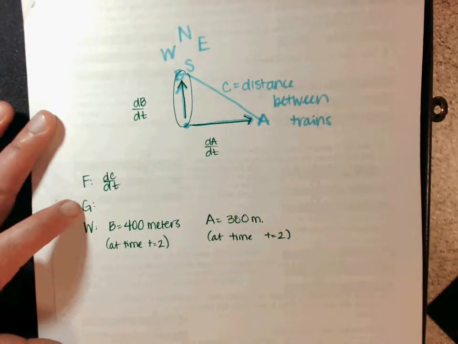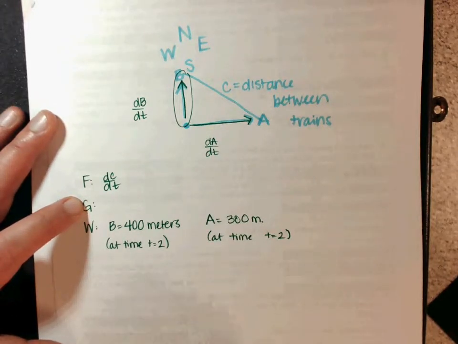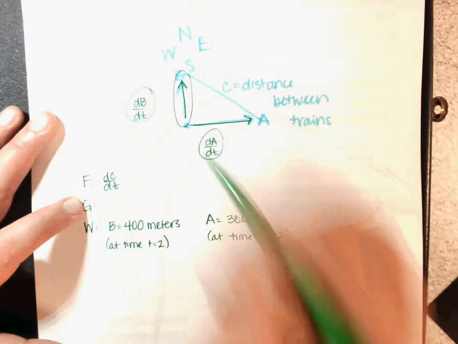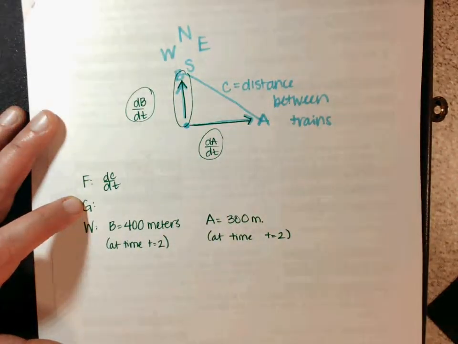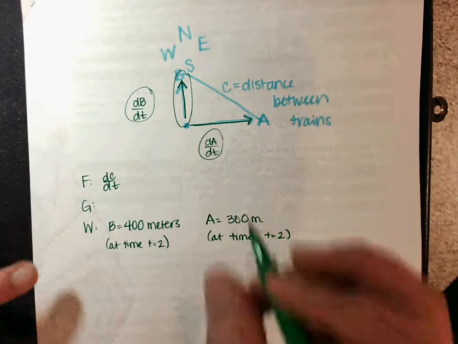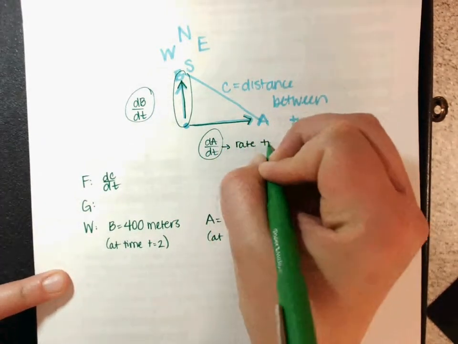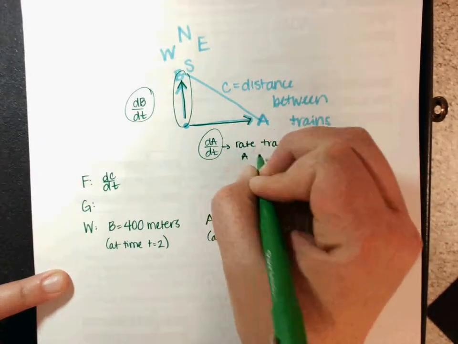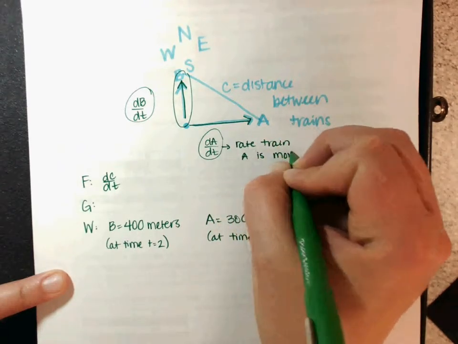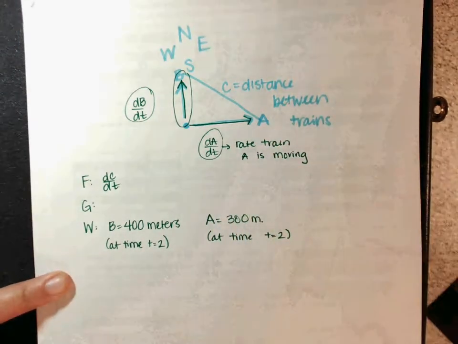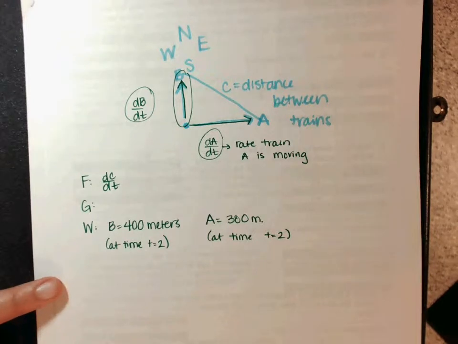And then our given, we need to look for our train A and our train B's rate of change. Now, the way that we're going to get these is going to be different. The first thing I want you to notice is that dA dt is the rate train A is moving. So think about in your question, what is the rate that something is moving called?